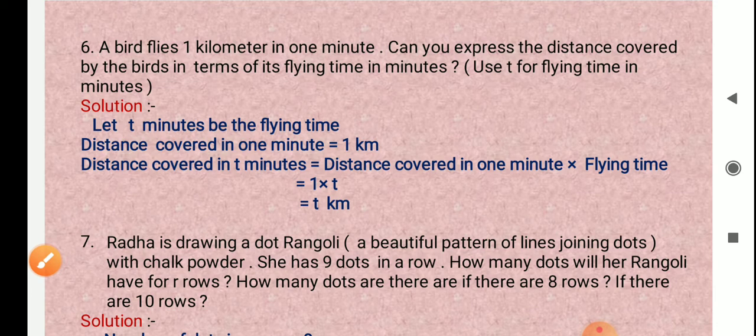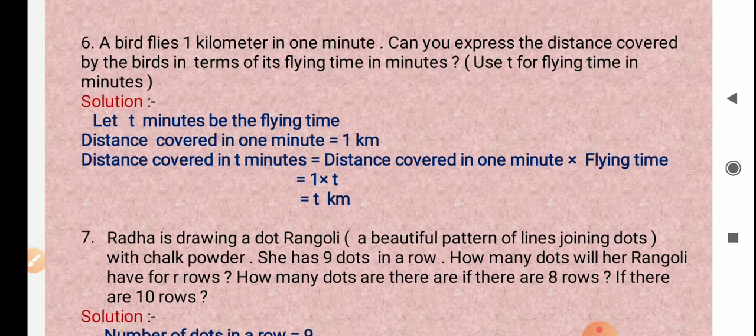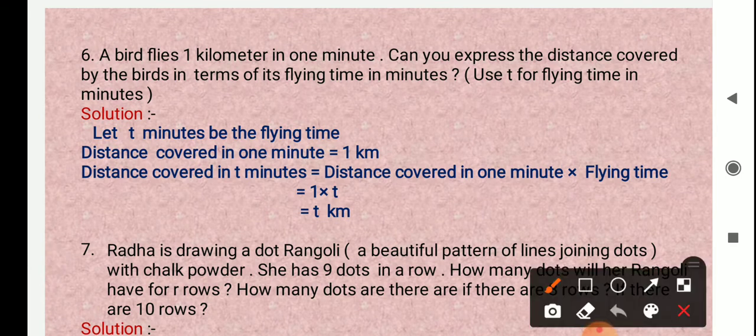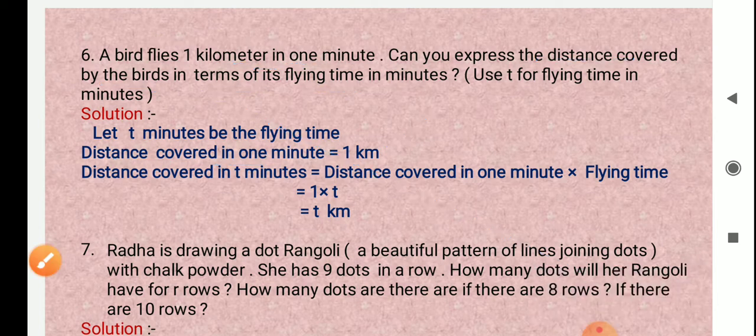Now here distance covered in 1 minute. So if you read that word problem, then you came to know that here a bird flies 1 kilometer in 1 minute. So distance covered in 1 minute is equal to 1 kilometer. But here we have to express the distance covered by the birds in terms of its flying time in minutes.